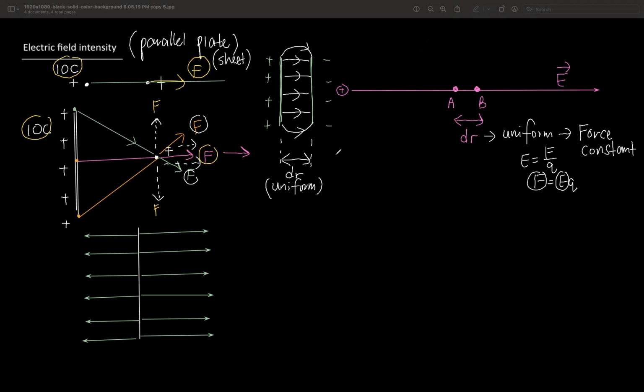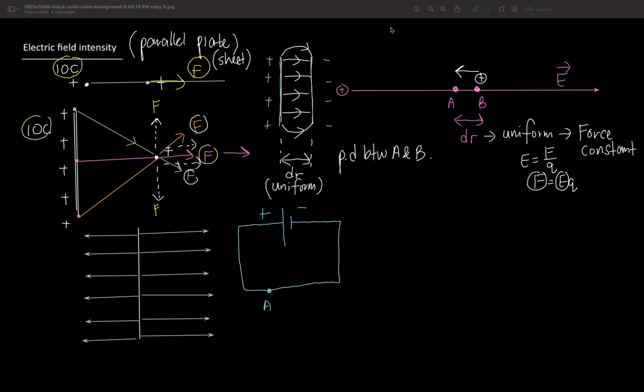Now, recall how do we calculate the potential difference? The potential difference between 2 points, A and B, is defined as the work done to drive a charge from B to A. Like a circuit: if I put a circuit like this, this is positive, this is negative.